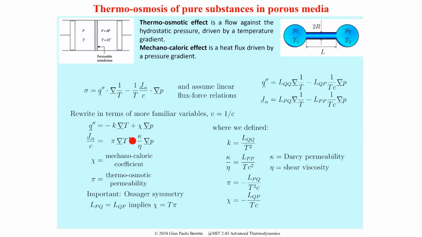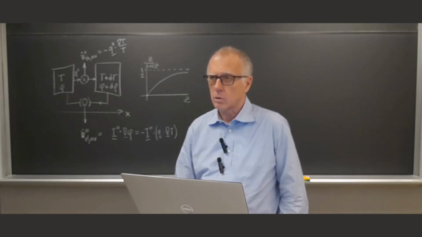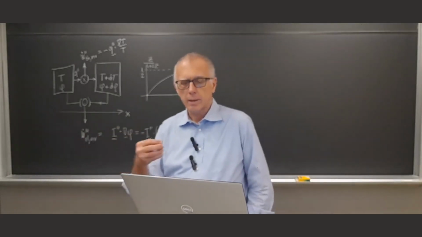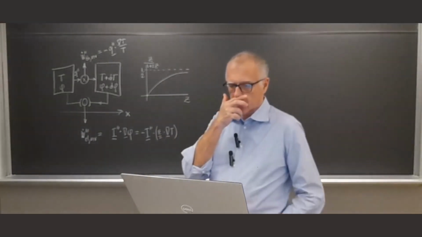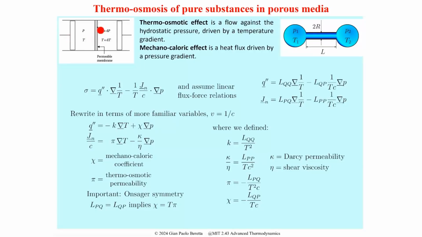Because if you had only this diagonal term here, this is simply Darcy law of flow like in a capillary or in a porous medium driven by the gradient in pressure, which is what you would use, for example, to describe the flow in a porous material or a permeable membrane, like here, or in a capillary tube or in a microfluidic device or things like that.